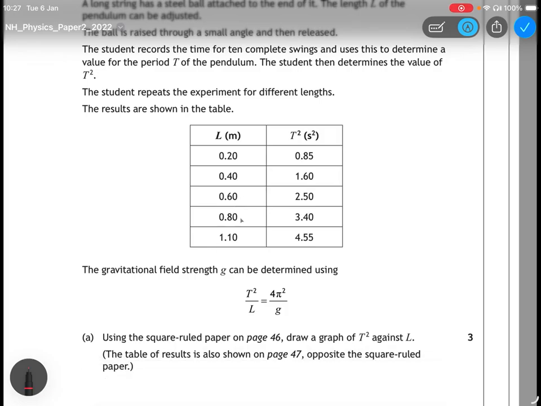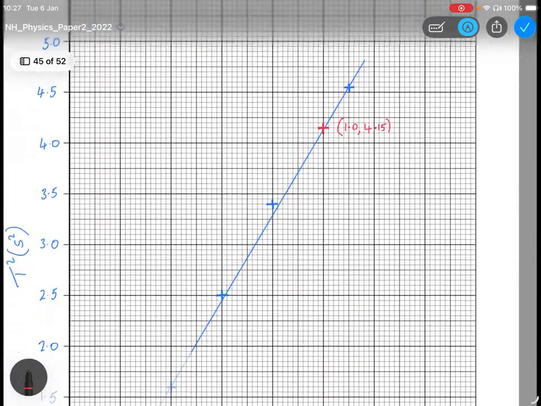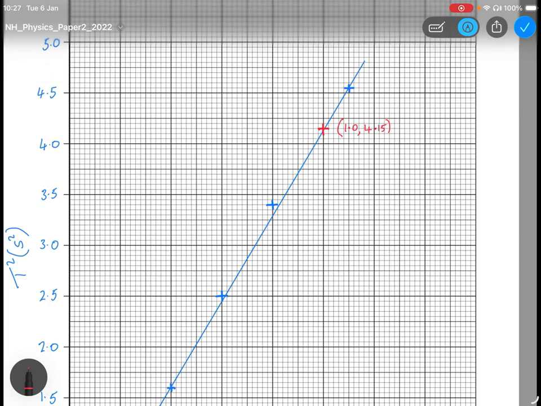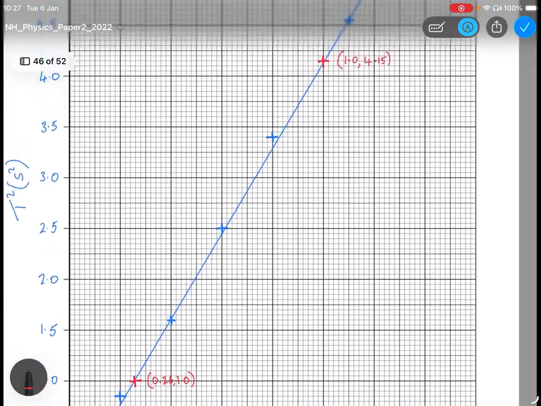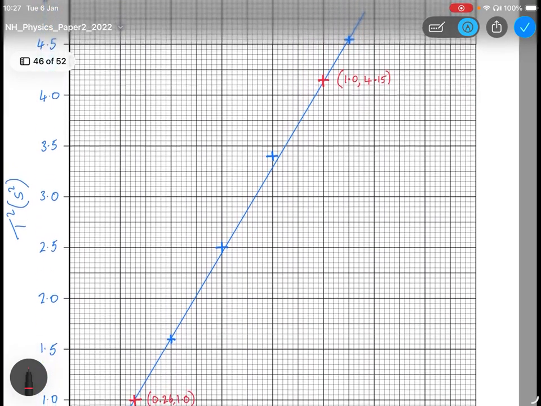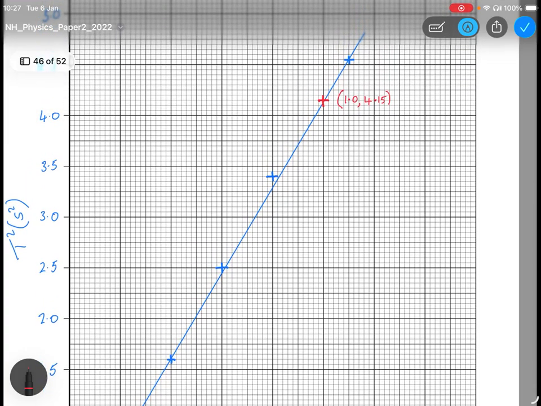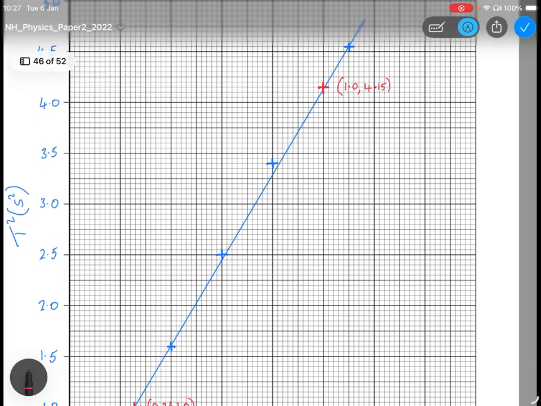Because look, you might expect that one to be 1, but they've actually done it as 1.1. So be careful with your points. Best fit line. You need to draw a best fit line that gets close to all the points, and you're aiming for about the same above the line as below the line. So that's your last mark, your dots and your best fit line.